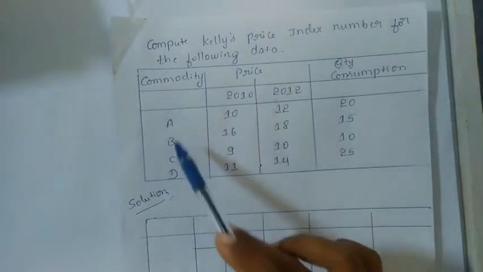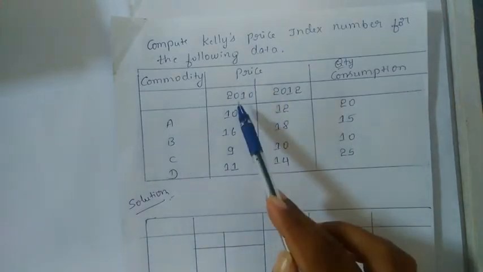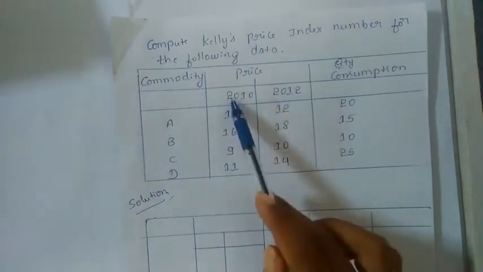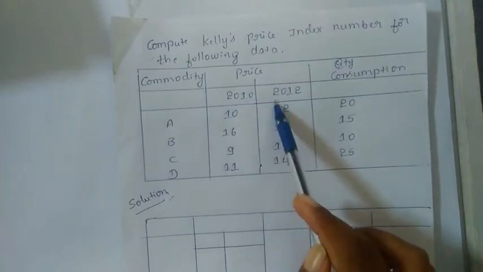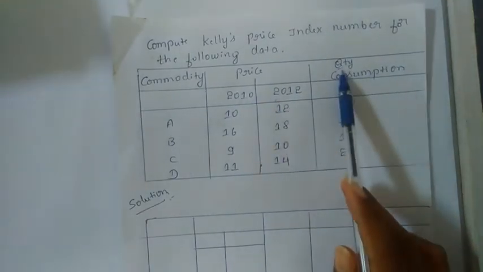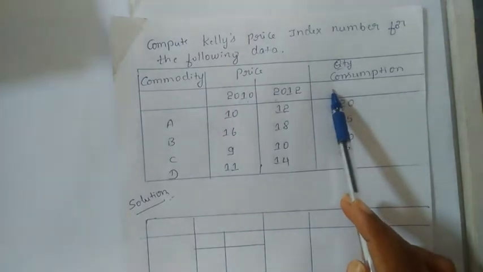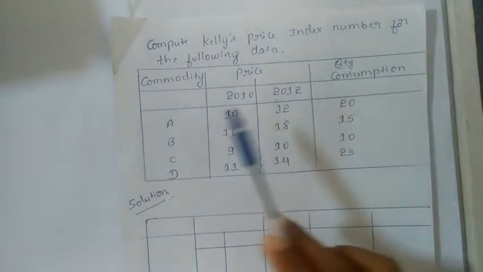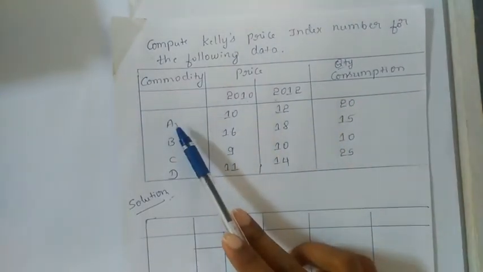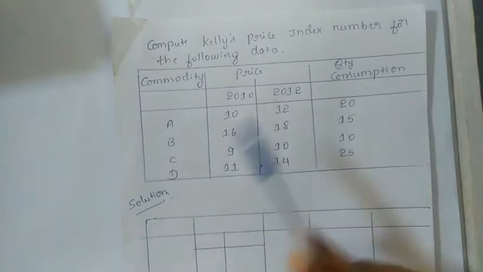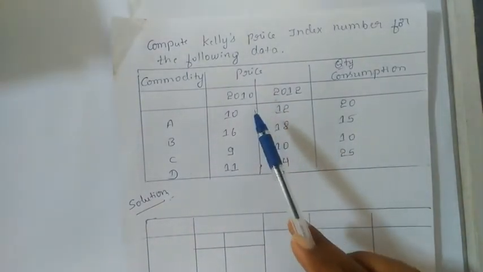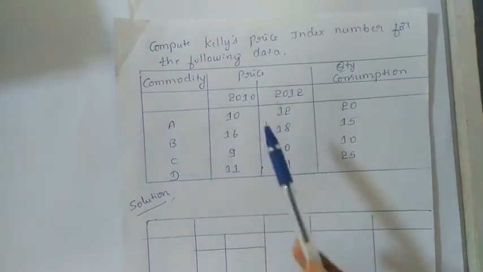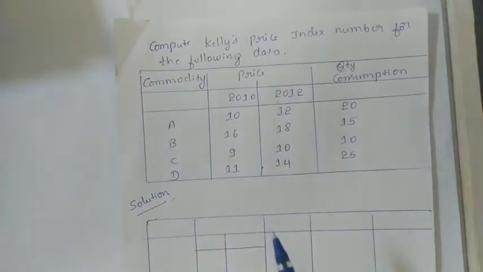They given the commodity price, that is 2010 and 2012. These two are years, 2010 and 2012. Next, another one is quantity consumption. Next, in the commodity they given A, B, C, D values, then 2010 and 2012. Before going to that, you have to identify which one is base year and which one is current year.